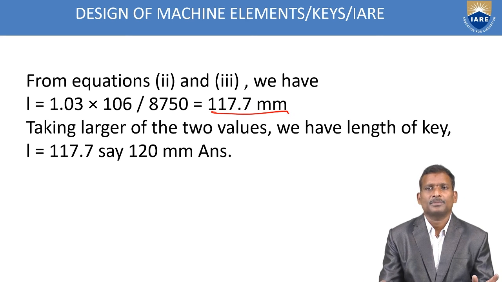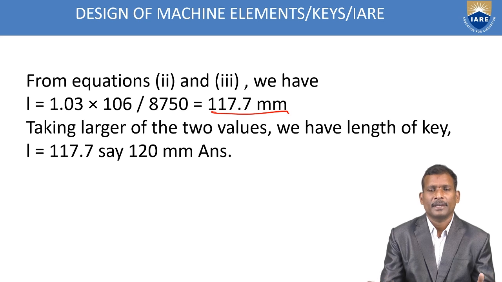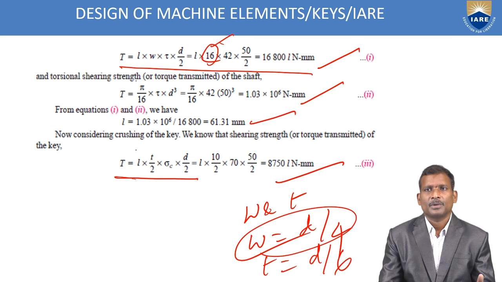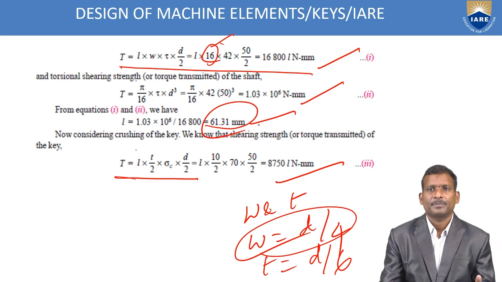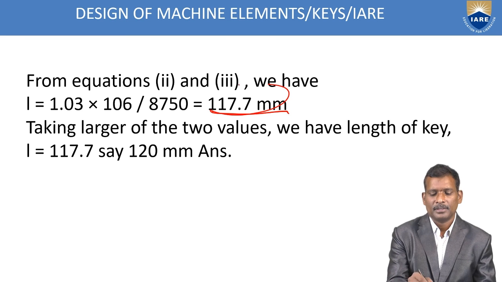So, taking the larger of these two values, you have the length of the key. Which value is higher? In the first case, when considering shear strength, L is equal to 61.31. When considering crushing, L is equal to 117.7.